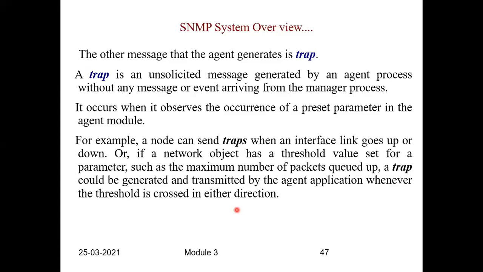Nothing he can do. So he has to notify the manager, and the manager has to immediately send some response. That's why this trap alarm message is given to the agent, so that he can tell the manager something has happened and you need to take some decision.